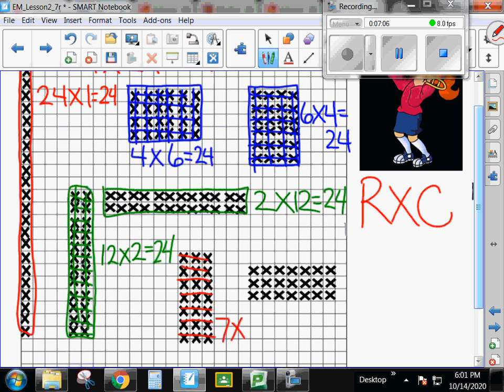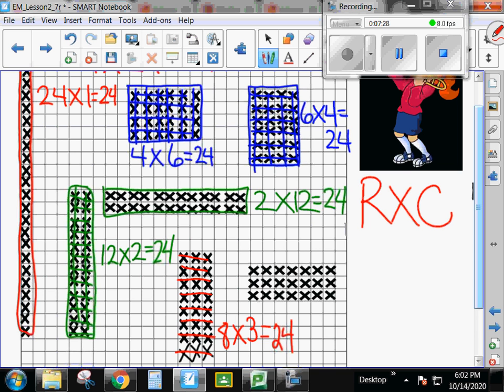Oops, I actually forgot a row of trombone players. So actually, I have 8 rows. And how many columns do I have? I have 1, 2, 3 columns. So 8 times 3 is 24.